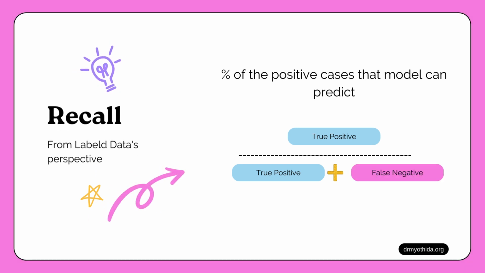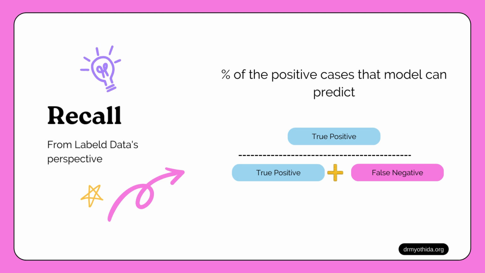Increasing the recall is reducing the false negative. Both are important evaluation metrics, but sometimes you may have to balance them. Higher precision sometimes can lead to lower recall, and higher recall can lead to lower precision. We have to see how it goes.